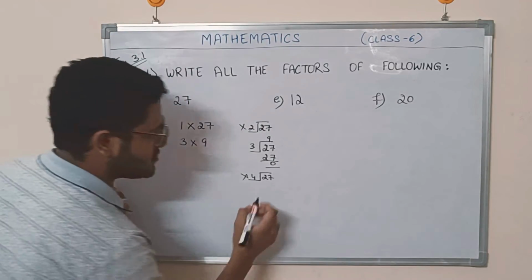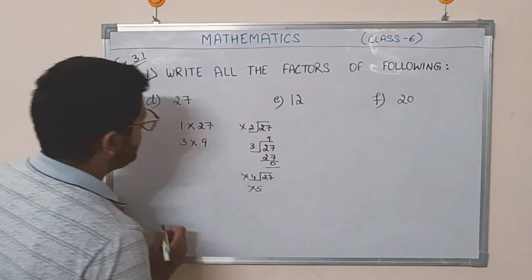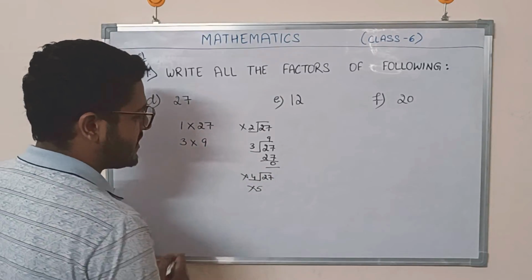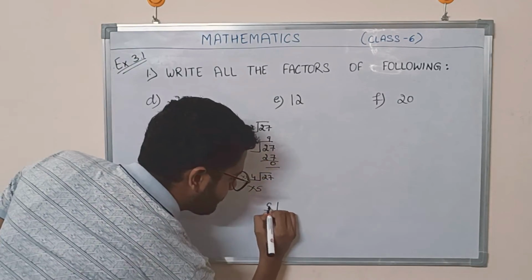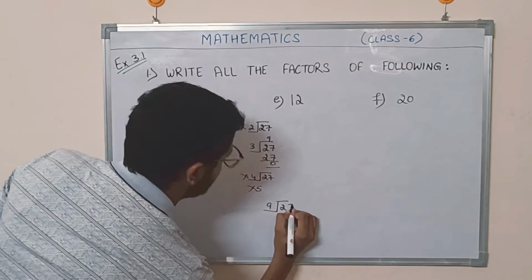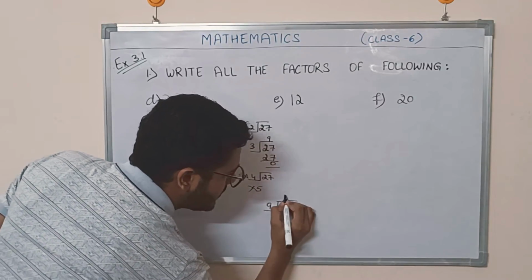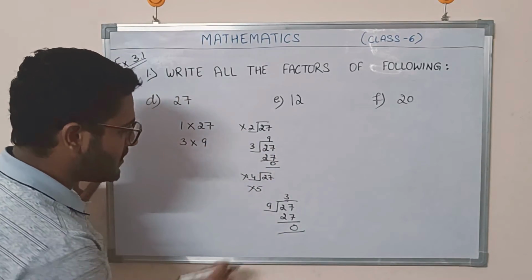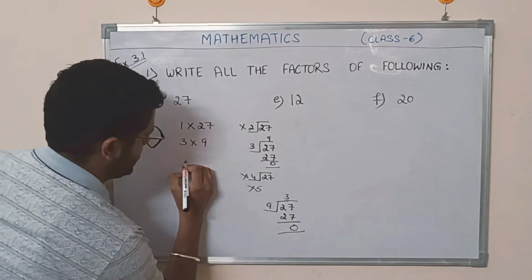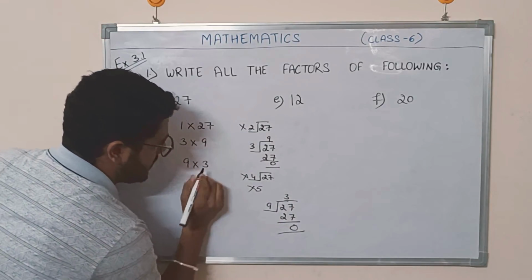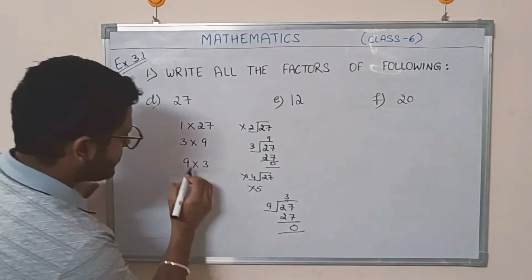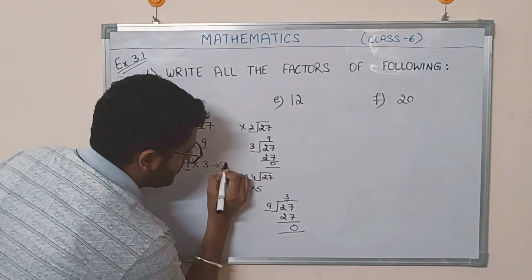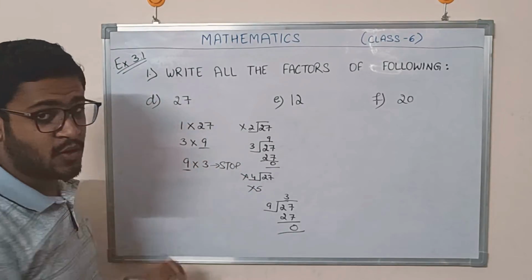Then 5 also will not be. Then try with 6, then 7, then 8. They won't be exact divisors. Then try with 9. When you divide 27 by 9, 9 3s are 27 and the remainder is 0. So 9 into 3. Now we can clearly see that 9 has repeated, so our factors are repeated. Now we will stop here, right?